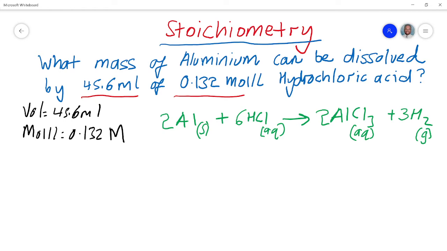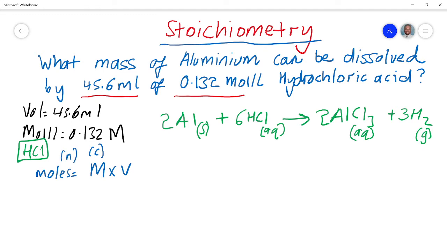The next thing we need to do: this information is pertinent to hydrochloric acid. We've got my volume, which is 45.6 mL, and our molarity, which is 0.132 moles per liter. We know very well the formula for moles in this case is molarity times volume. Some textbooks put C in place of M, and n here.